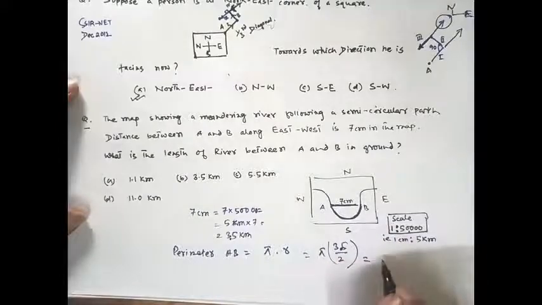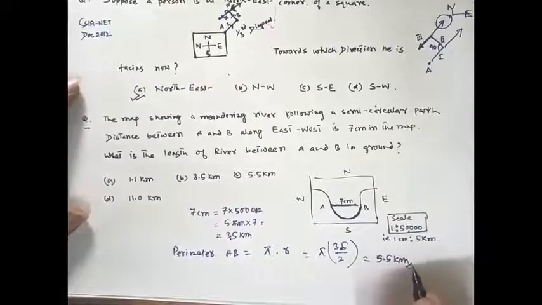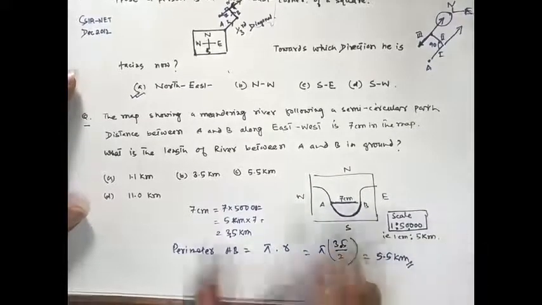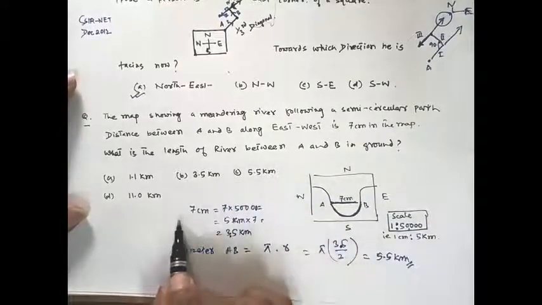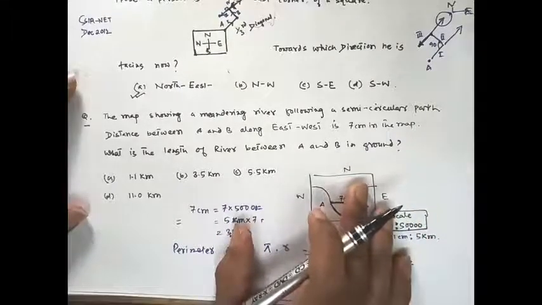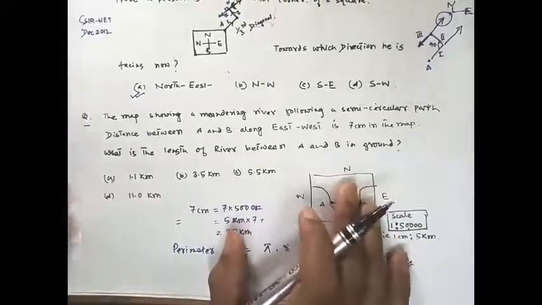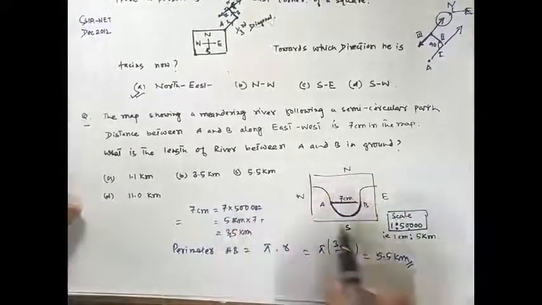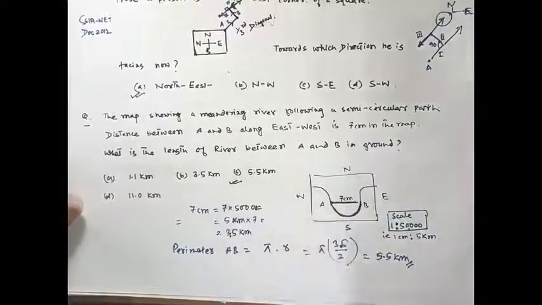So your answer will be 5.5 kilometer. You can do the calculation on your own. This is the main way to solve such questions, very simple. This is generally from the geometry part of the questions I am solving here. So our correct option will be option C.